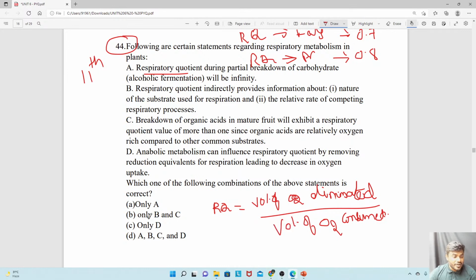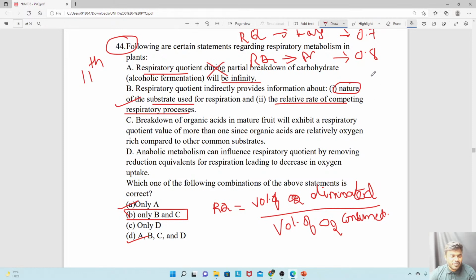Very good, very good. The answer will be B. Fantastic. See, respiratory coefficient for the partial carbohydrate breakdown cannot be infinity. So you can eliminate option A also, you can eliminate option D also. Respiratory coefficient indirectly provides information about the nature of the substrate and the relative rate of competing respiratory processes. B is right.